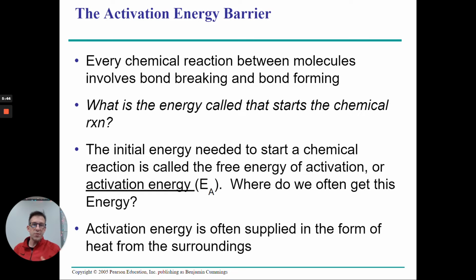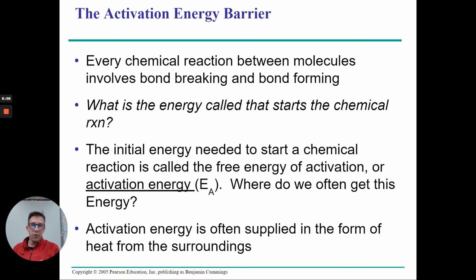Every chemical reaction between molecules involves bond breaking or bond forming, right? So we know that. And there is a certain amount of energy that is needed to start these chemical reactions, regardless of whether you're breaking bonds or forming bonds. There is always some kind of initial starter energy needed for the reaction to occur, okay?